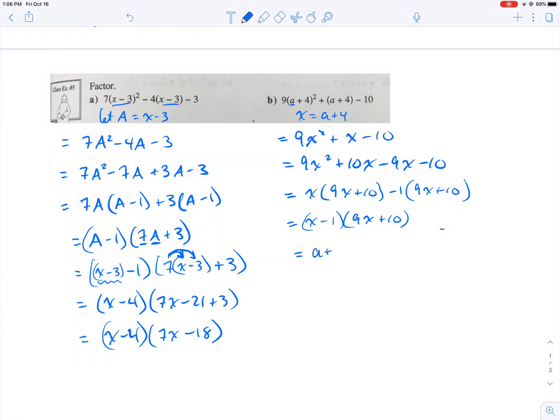So a plus 4 minus 1. I'm not going to put the little brackets because x is not being multiplied by anything. So we'll have something there. Here I am, plus 4, so let's do that.